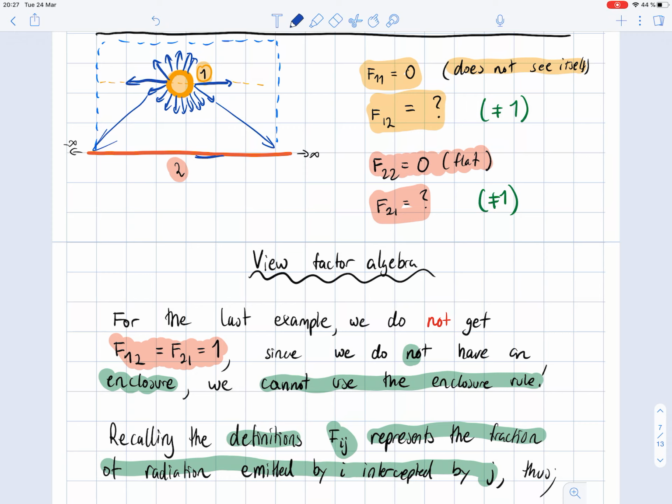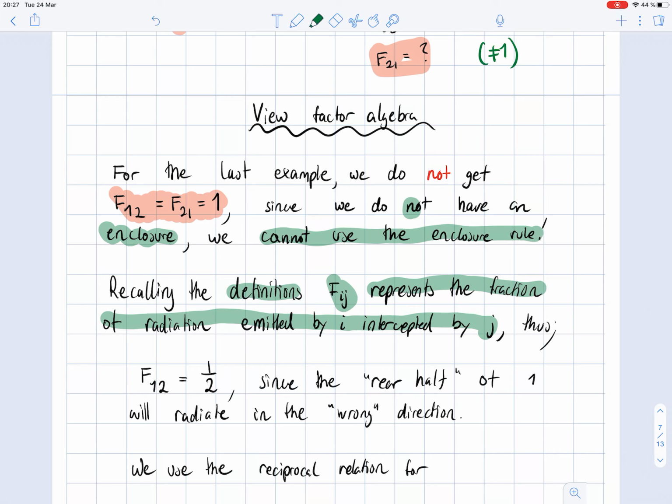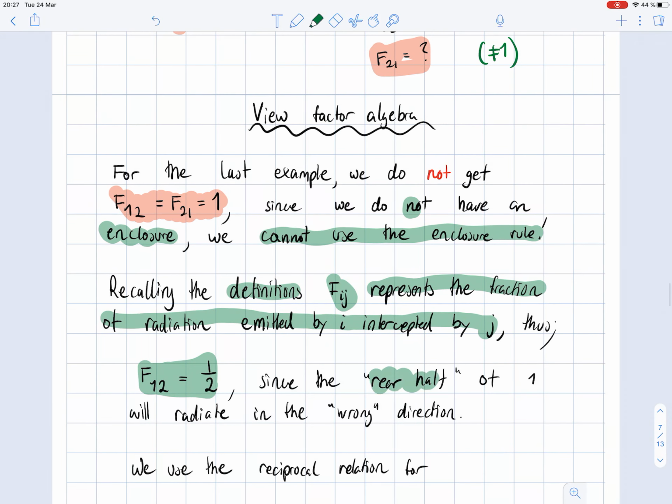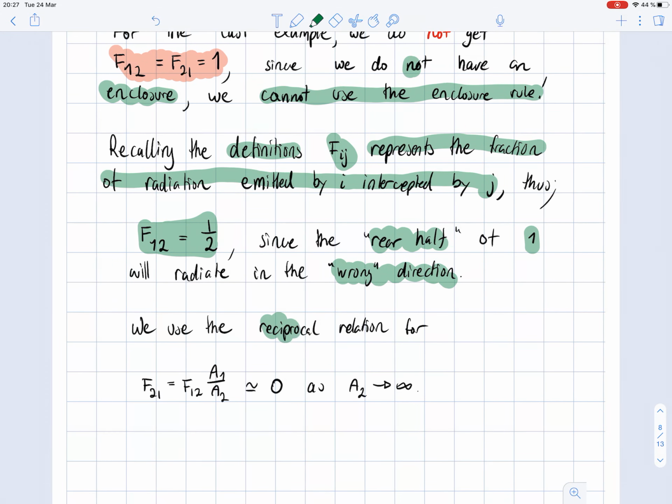This means that all the radiation, or half the radiation actually, emitted by the orange surface number 1 will be intercepted by surface number 2. So F12 equals 1/2, since the rear half of surface 1 radiates in the wrong direction. Now that we know F12, we can use the reciprocal relation to calculate F21.